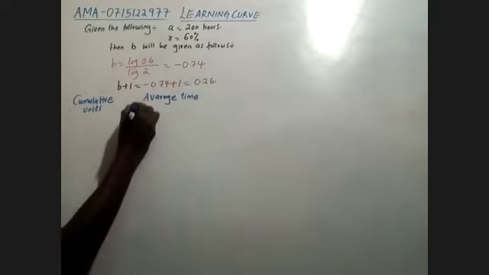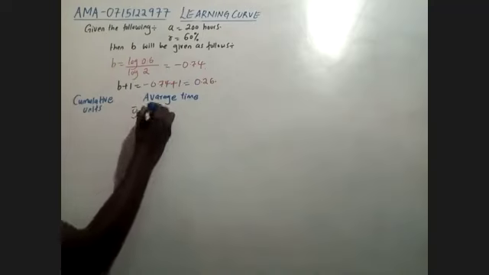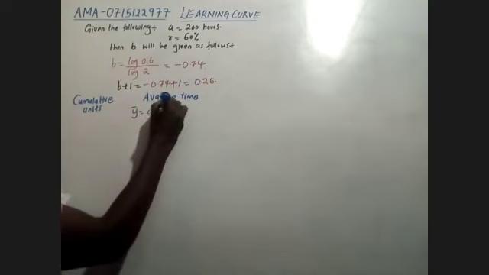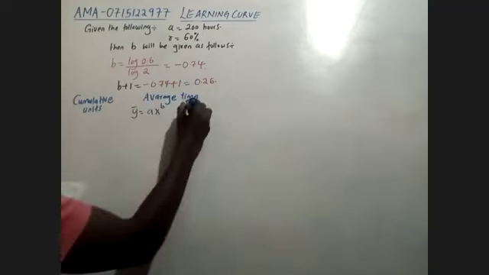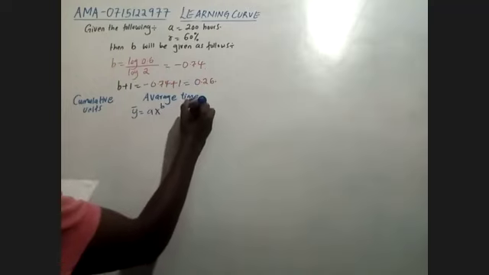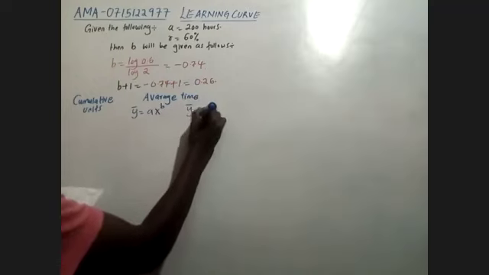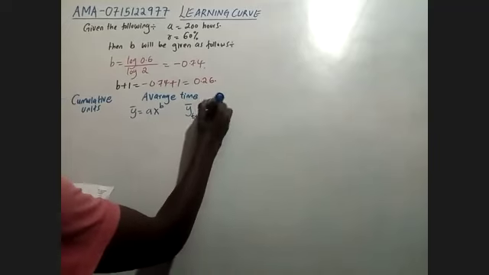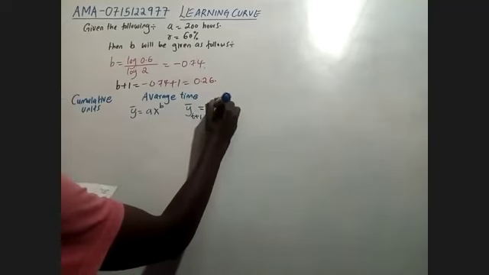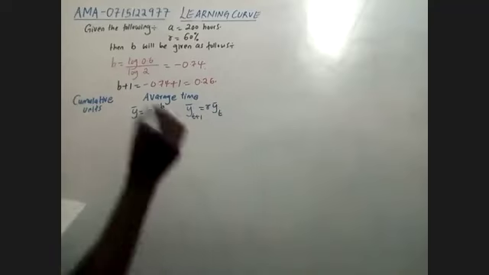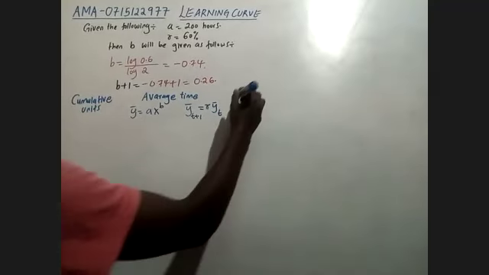So tuko mara mbili hapa. The first one, y is equal to a x^b. And we have another one here, y bar t plus 1 is equal to r. Tutaonyesha venye inaenda later. So just be patient.